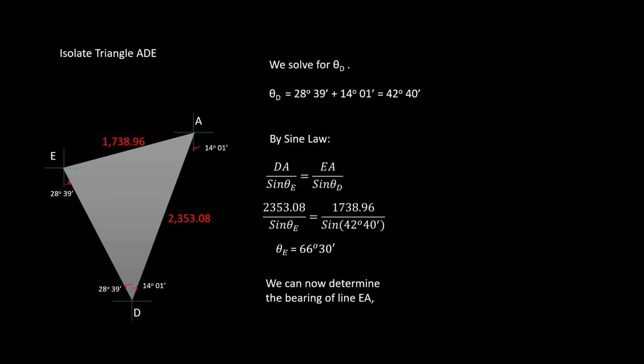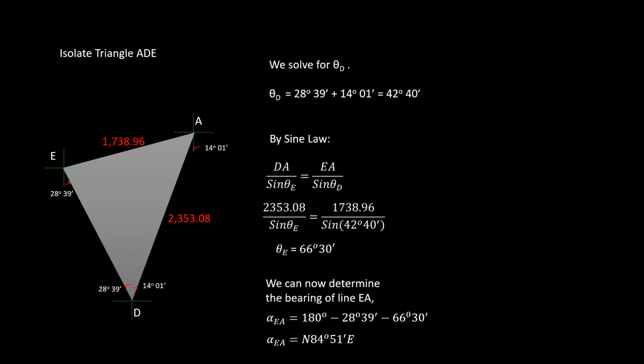And from this, we can determine the bearing of line EA. So the bearing of line EA is equal to 180 degrees minus 28 degrees 39 minutes minus theta E, which is 66 degrees and 30 minutes, thus giving us the direction of line EA equal to north 84 degrees 51 minutes east.